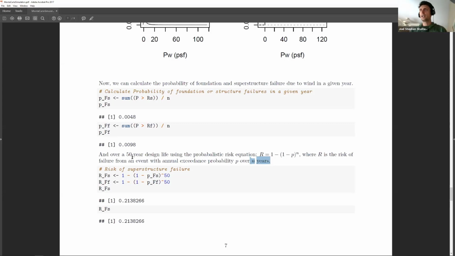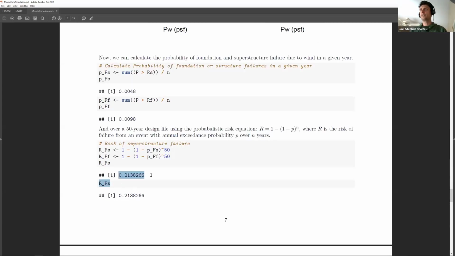So I plug these values in, and I calculate the probability over 50 years, which is actually 20%. I have a typo here. I didn't give you the probability of the foundation failure, but I'll correct that. It's the same equation.